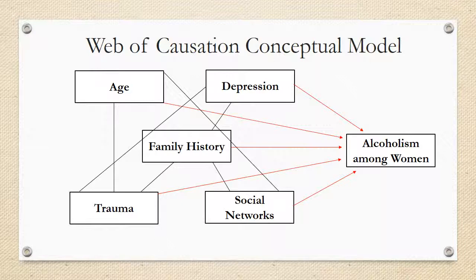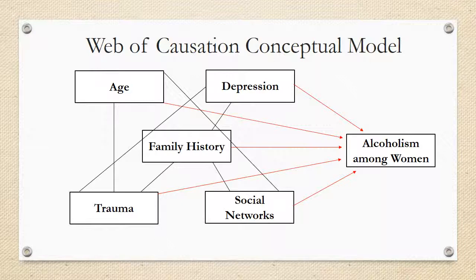Family history can also be tied to trauma. A woman may have experienced trauma in her life due to her family history. Family history also influences social networks. A woman's family may be very influential as part of her social networks as an older adult.